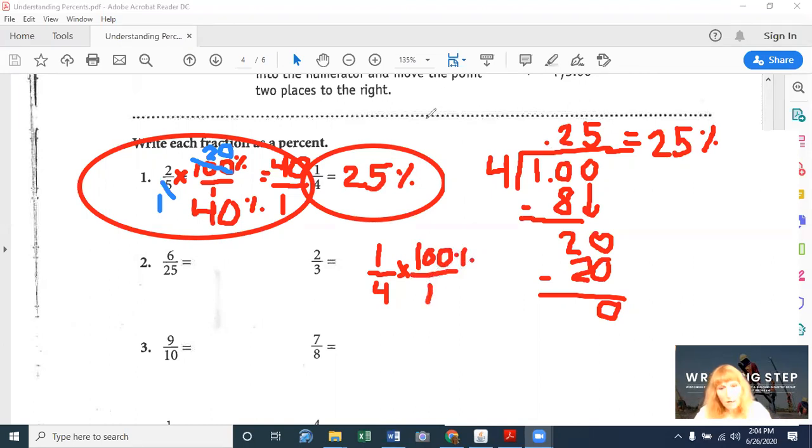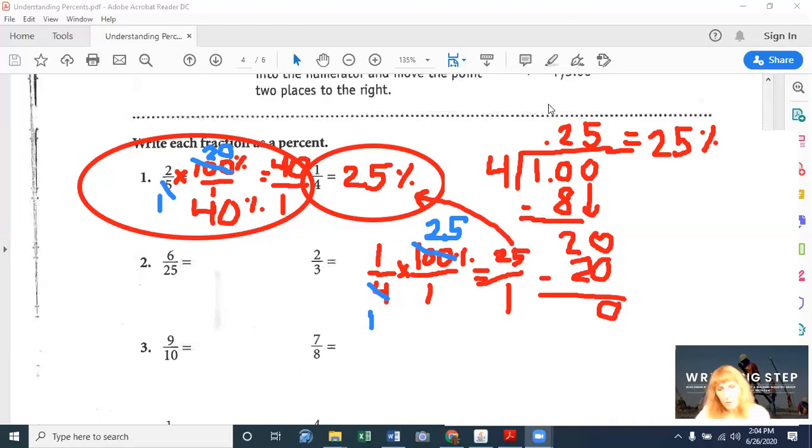And you know that you can cancel the 4 into the 100. It will go into there 25 times. And 4 goes into itself 1 time, and you'll end up with 1 times 25 on top and 1 times 1 on the bottom. You can eliminate the 1 on the bottom and you just get 25%. So either method, whatever you feel is easier for you.